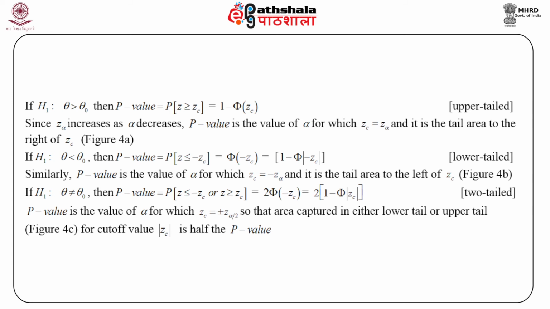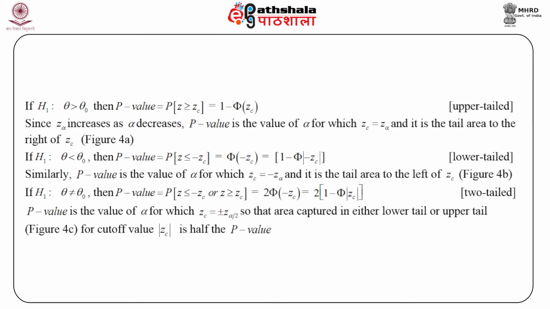Now, if we write alternative hypothesis H1 as theta not equal to theta 0, then we have a two-tailed test, and we can write down the p-value as probability of Z less than or equal to minus ZC, or Z greater than or equal to ZC, which will be equal to 2 phi(minus ZC), which is the same as 2 into 1 minus phi(modulus ZC).